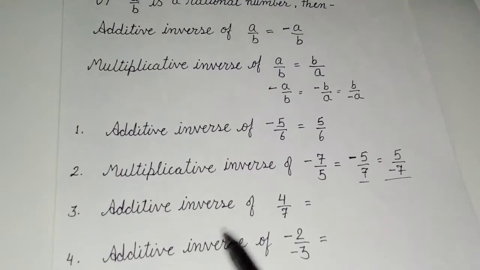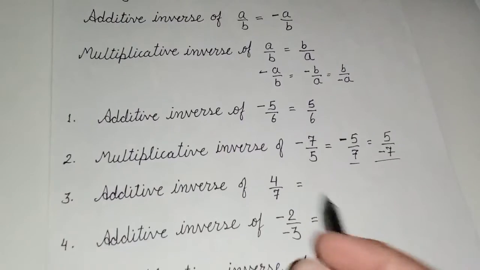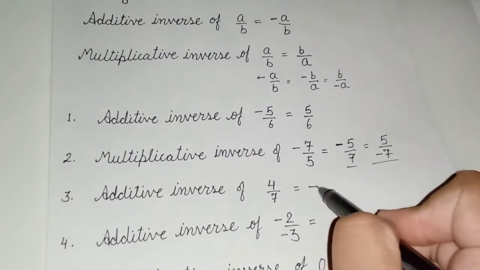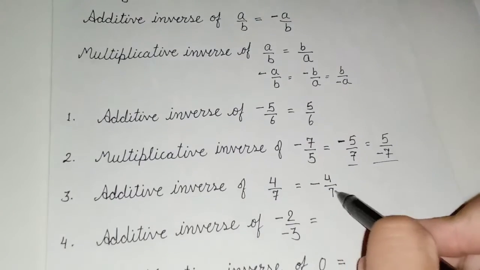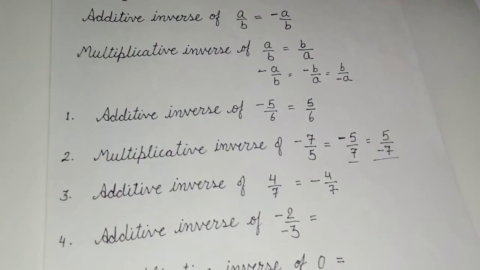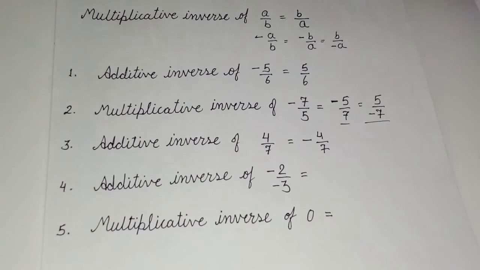Now additive inverse of 4 upon 7. Additive inverse, change of sign. Positive 4 by 7 will become negative 4 by 7. Now additive inverse of minus 2 by minus 3.